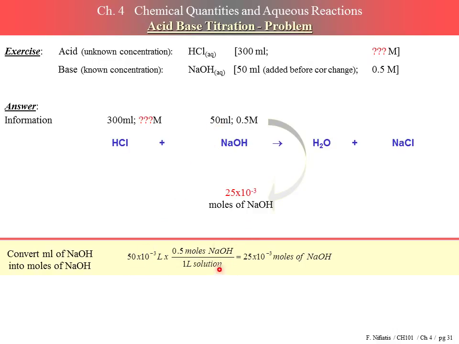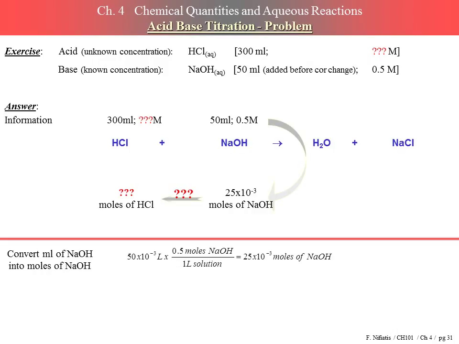Since our conversion factor has moles per liter, I changed the milliliters into liters. So I have 50 times 10 to the minus 3 liters times the concentration. I did my calculation, it's 25 times 10 to the minus 3 moles of sodium hydroxide. So that many moles of sodium hydroxide I had to add for the color to change.